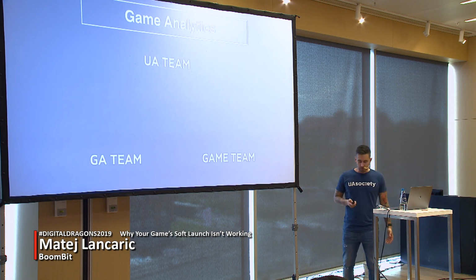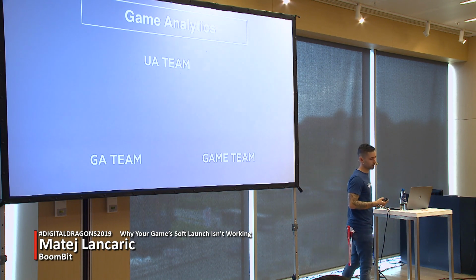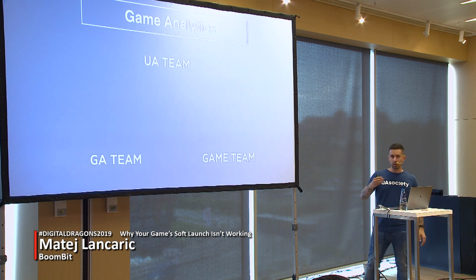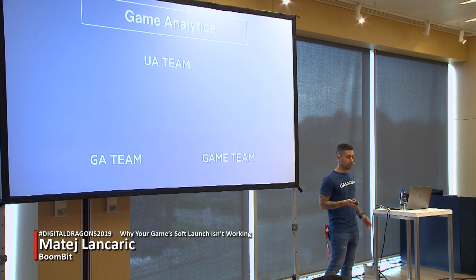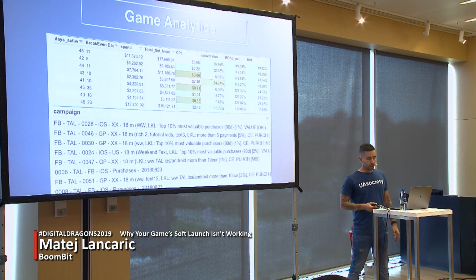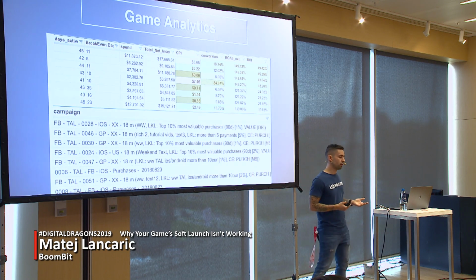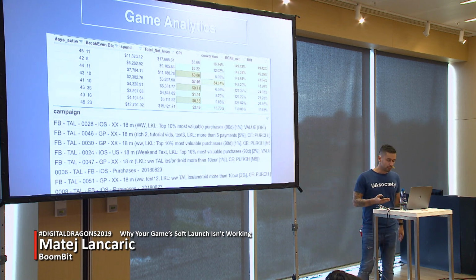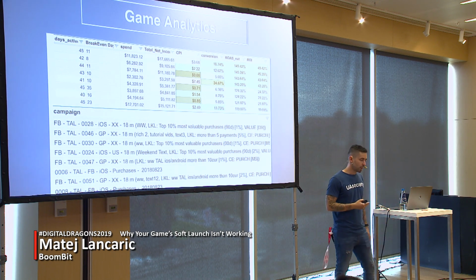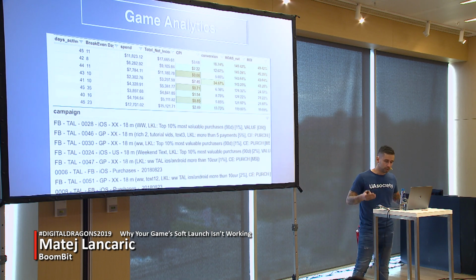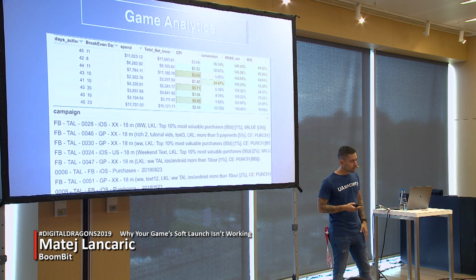And in soft launch, there's this opportunity to start these conversations and discussions between the UA team, game analytics team, and game design team. And here, this is our internal ROAS sheet, where we have a list of campaigns with all KPIs we are measuring, CPIs and ROI and everything, and spend as well.